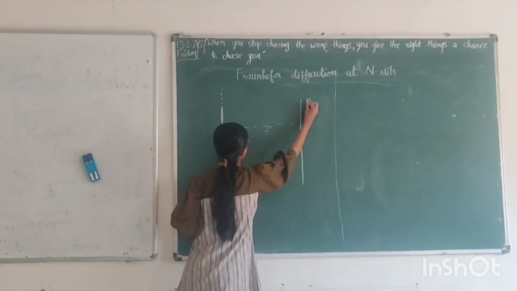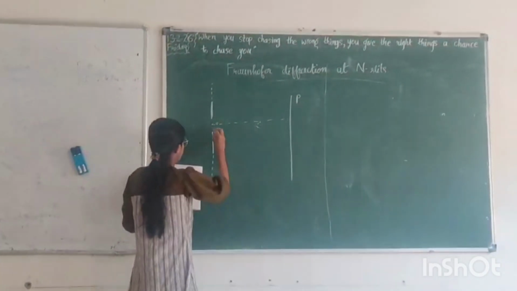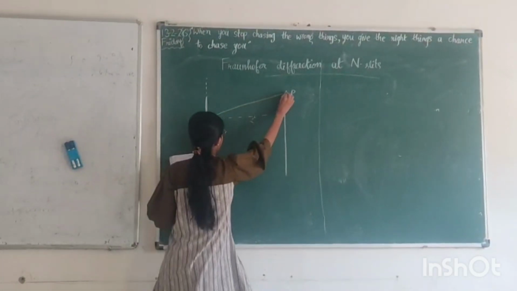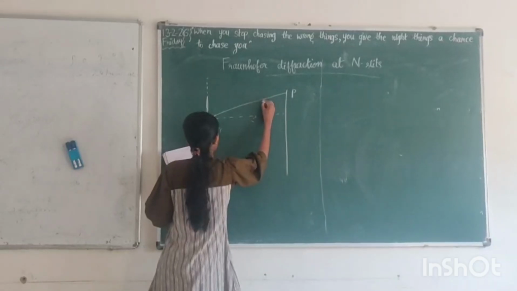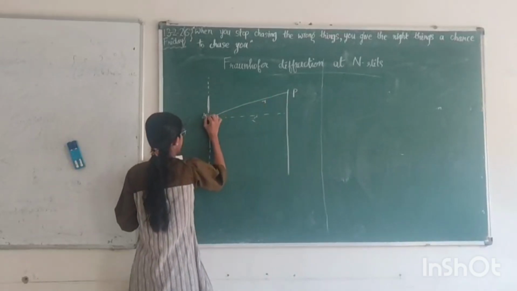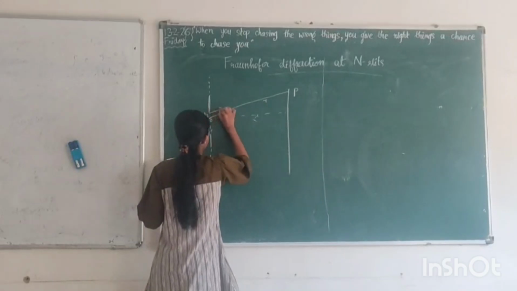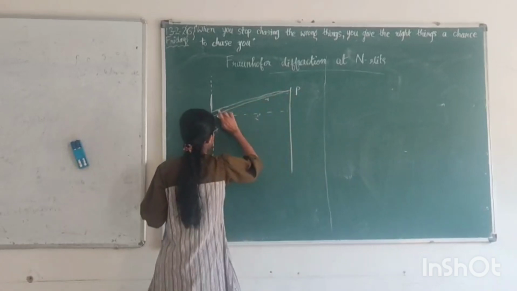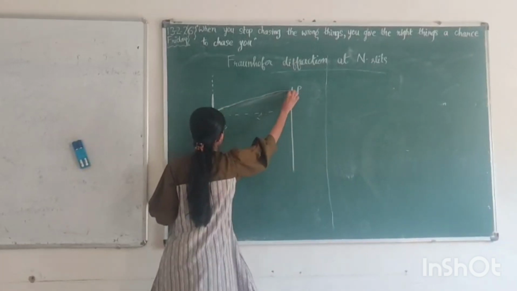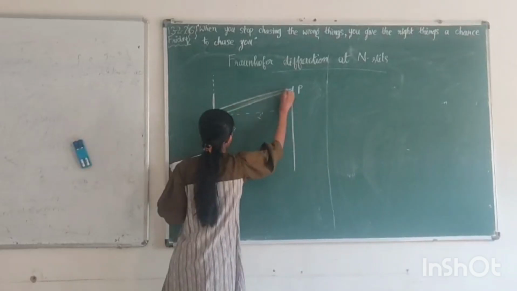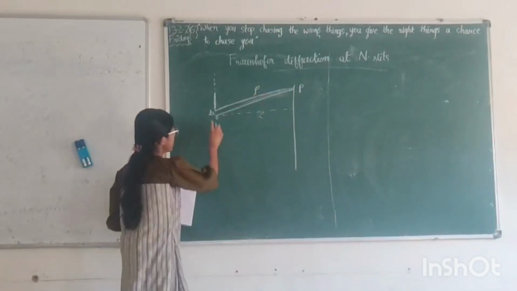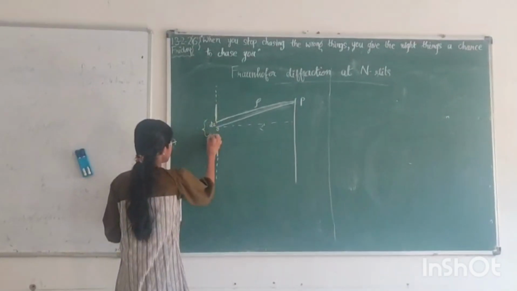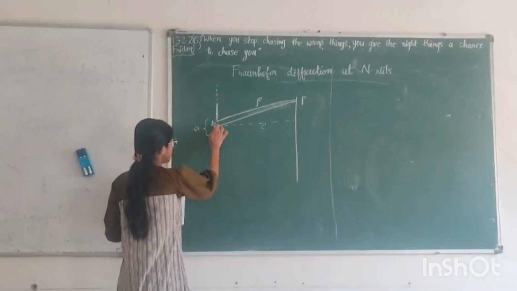Here we have a point B, and its distance from the center is r. And here we have a small element dz. The distance of this small element dz from point B is rho, and this whole distance is a, so it will be a by 2 on each side.